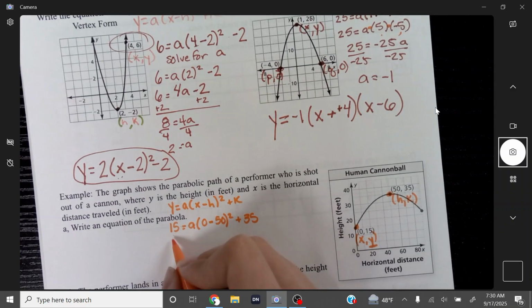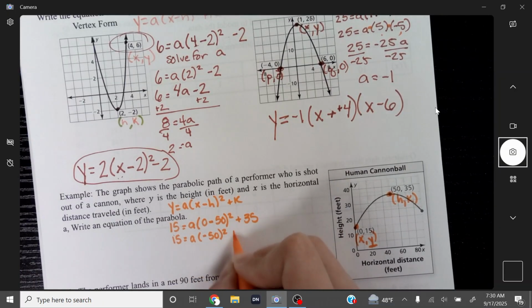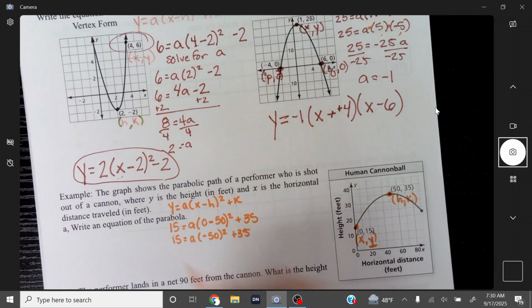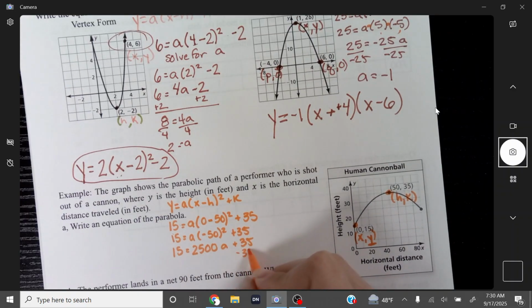So I have 15 equals a times 0 minus 50, which is negative 50 squared, plus 35. 15 equals negative 50 squared is positive 2500 a plus 35. We will subtract 35 from each side.